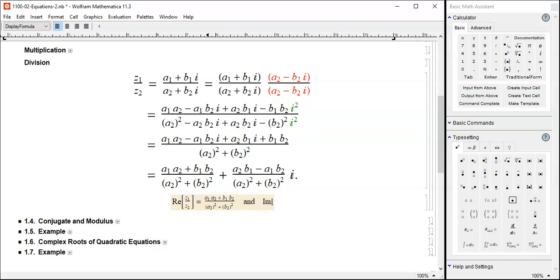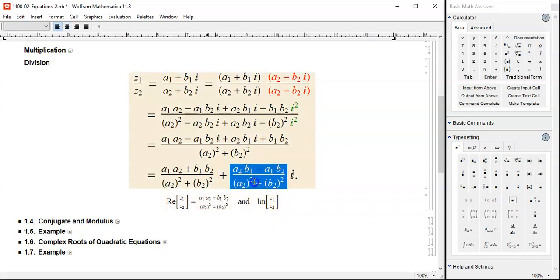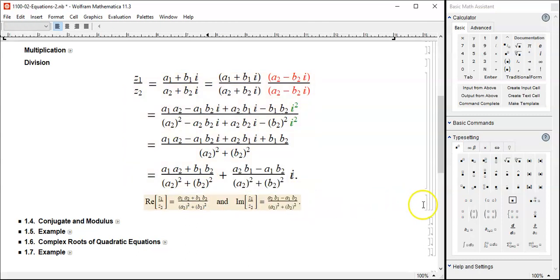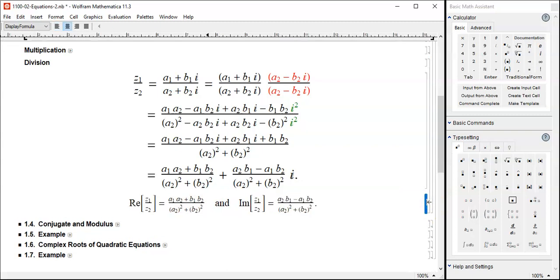And the imaginary part of this expression, z1 over z2, is equal to this. And let's increase the font again.